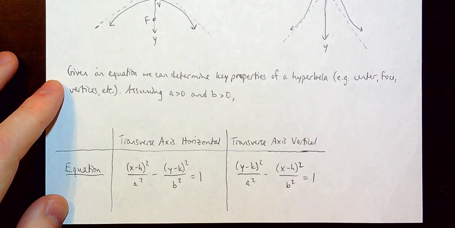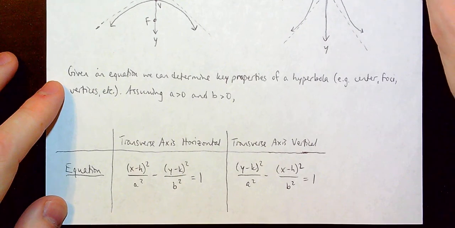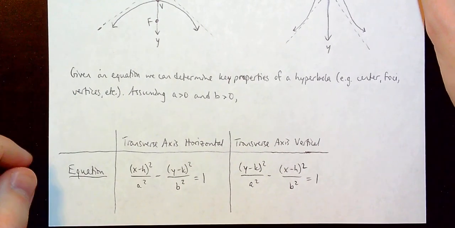When it comes to hyperbolas, whether the transverse axis is horizontal or vertical, the x minus h and the y minus k terms change places here, and now instead of a plus in the middle, we have a minus. So very, very important to keep in mind when we compare equations for hyperbolas.